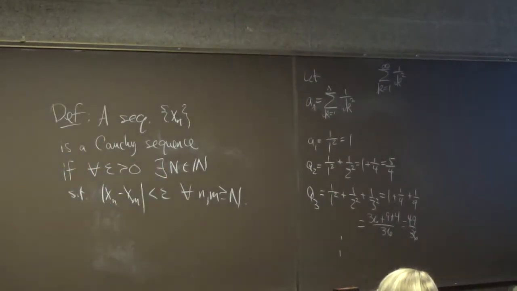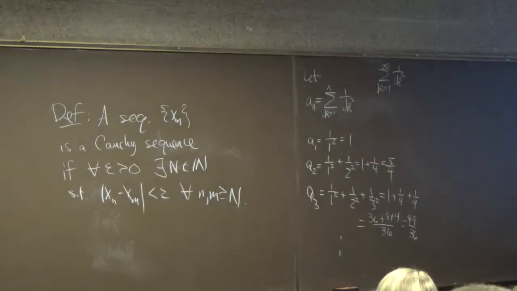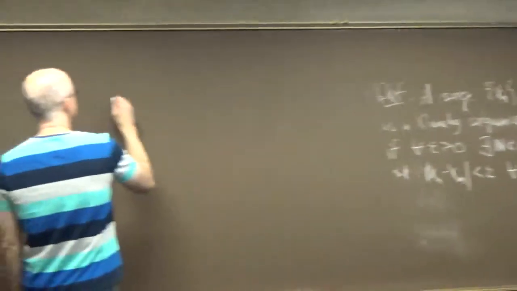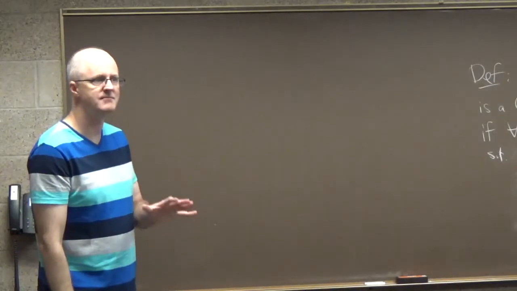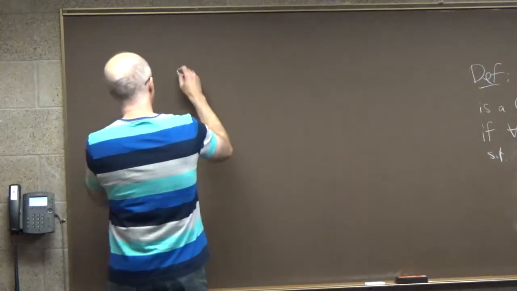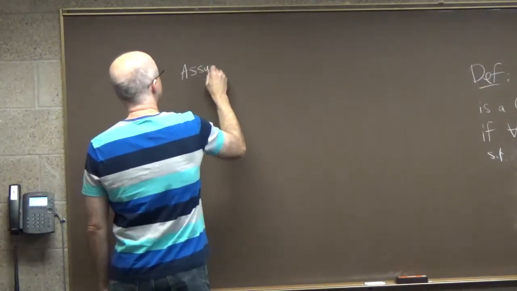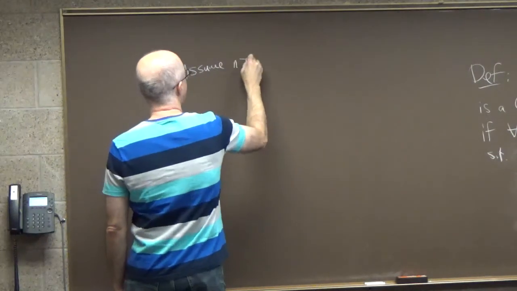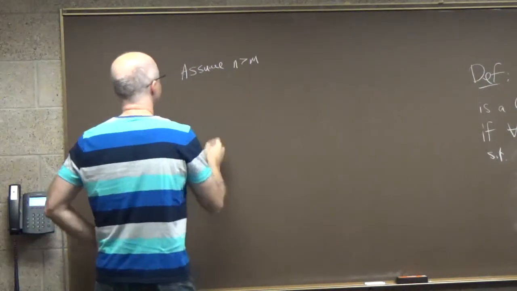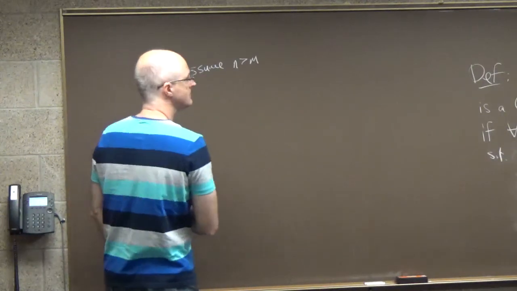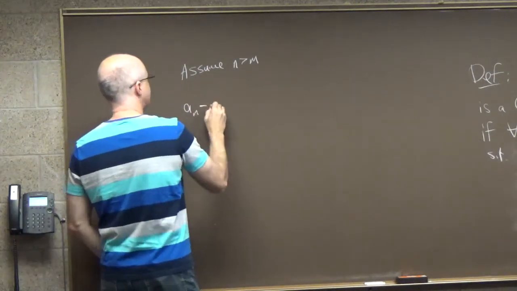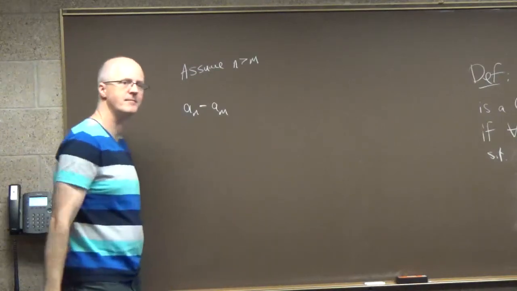Let's come way over here. Can you turn the camera way over here? Let's just do a little scratch work to convince ourselves. This scratch work is in the book. I'm just mimicking what the book does here. Assume, we'll say n is bigger than m, and consider a sub n minus a sub m.